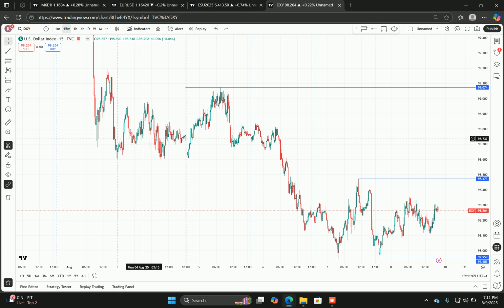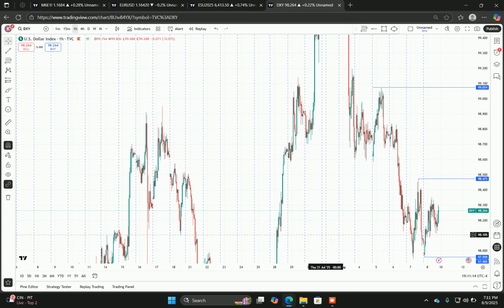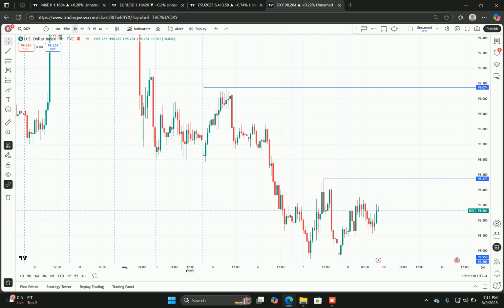Everything's starting off with the dollar index for me. What I do is follow market structure on the dollar, and if you see right here, this is Monday, August the 4th. There was just a big consolidation. We didn't do anything, so that was enough for me to say I'm not trading.